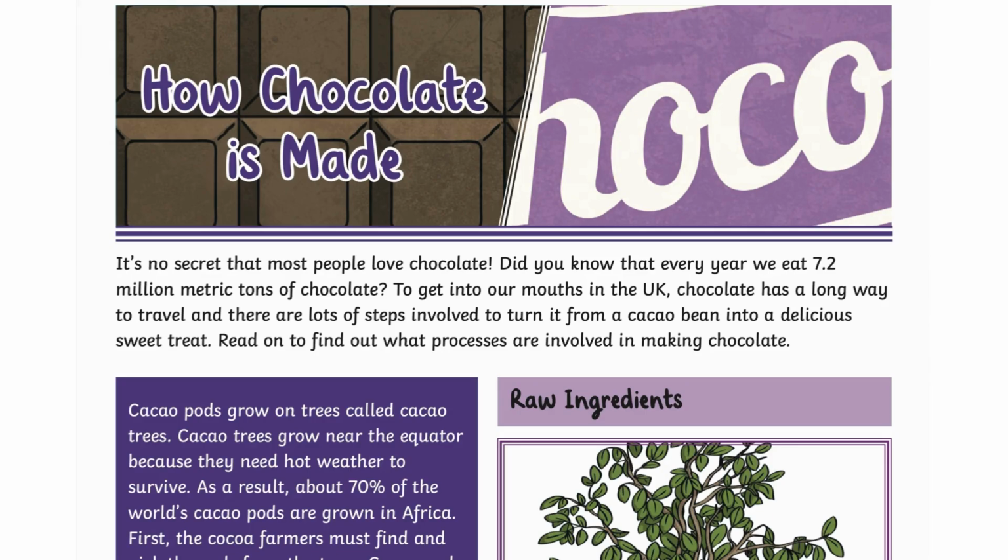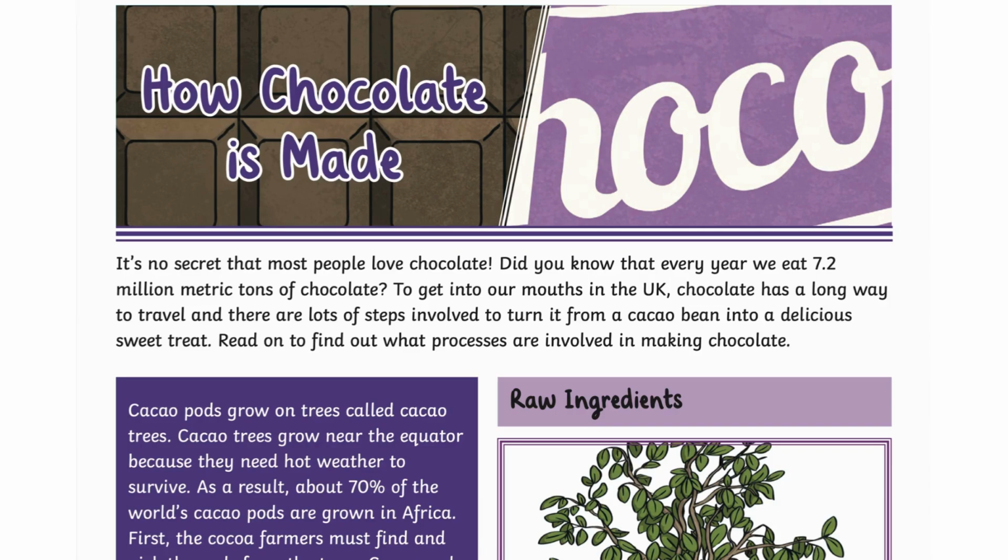To get into our mouths in the UK, chocolate has a long way to travel, and there are lots of steps involved to turn it from a cacao bean into a delicious sweet treat. Read on to find out what processes are involved in making chocolate.